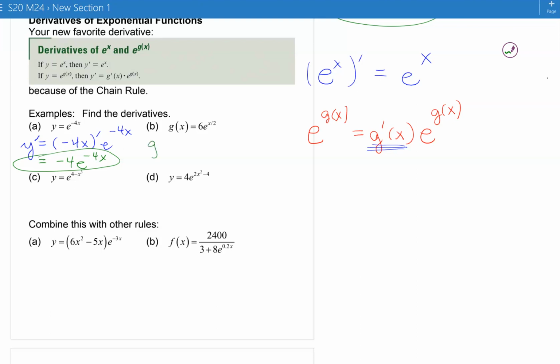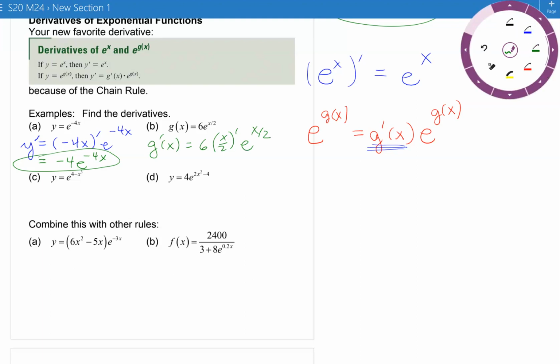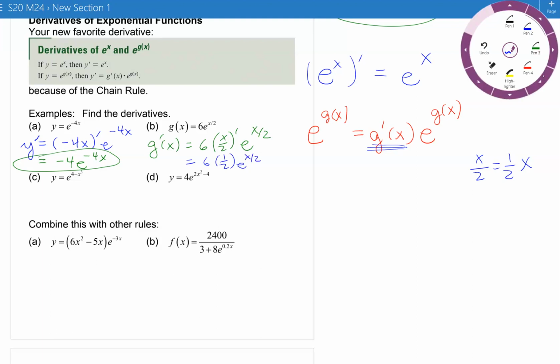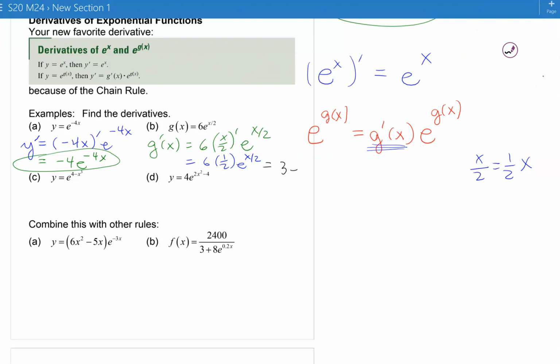So then g prime of x, example B, is going to be 6 times the derivative of x over 2 times e to the x over 2. Well, the derivative of x over 2, remember that x over 2 can be written as 1/2 x. So it's going to be 6 times 1/2 e to the x over 2, also known as 3 e to the x over 2.